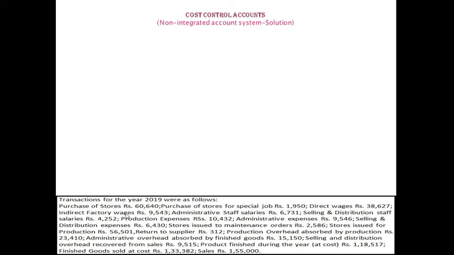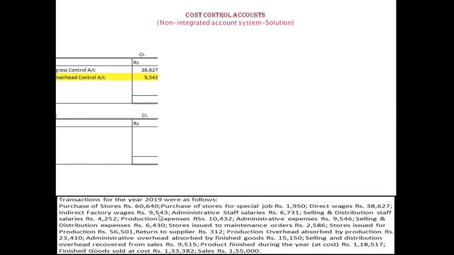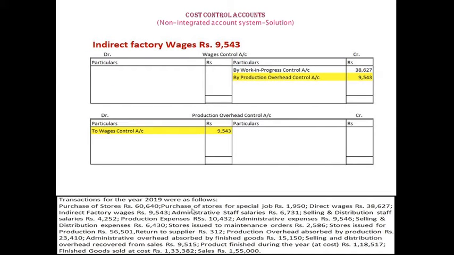Next is indirect factory wages 9,543. Here wages control account credit side, production overhead control account 9,543 and production overhead control account 9,543 to wages control account.